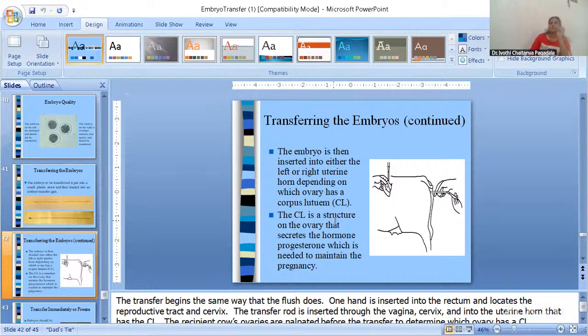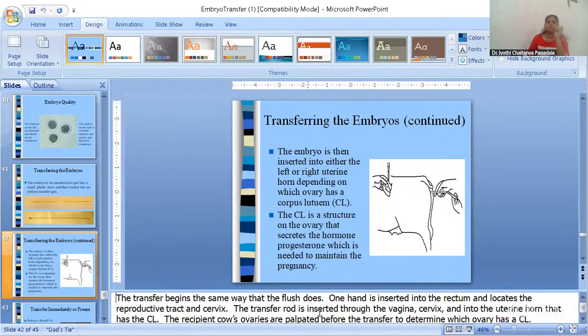The corpus luteum is a structure on the ovary that secretes the hormone progesterone, which is needed to maintain the pregnancy. So first we have to check, and with the help of a transfer rod inserted through the vagina and cervix into the uterine horn that has the corpus luteum.